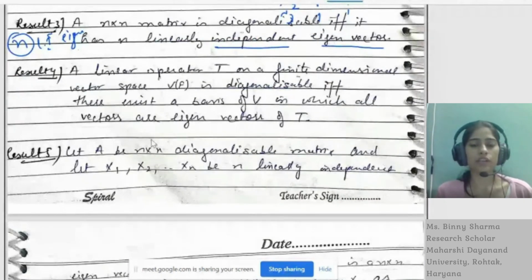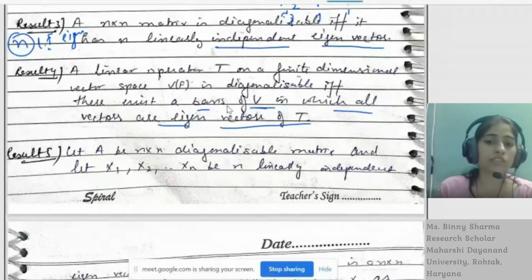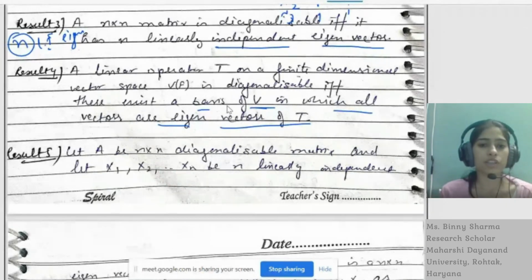A linear operator T on a finite dimensional vector space V over F is diagonalizable if and only if there exists a basis of V in which all vectors are eigenvectors of T. If we are able to find such a basis, then the linear operator will be diagonalizable.